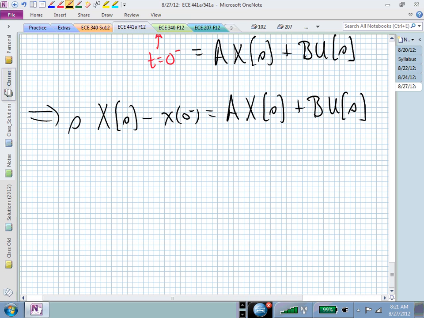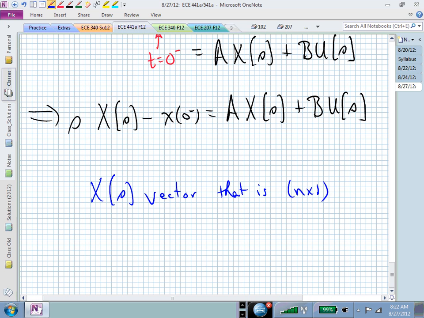I'm really wanting to eliminate this capital X(s) and just end up with U(s) and Y(s), because I need the transfer function between u and y. And now I have this internal vector, capital X, which in general is n by 1.